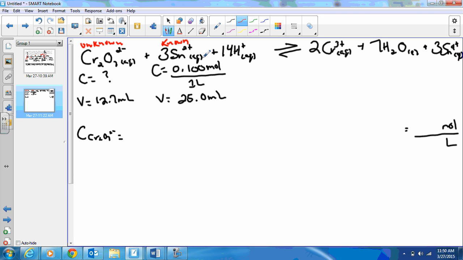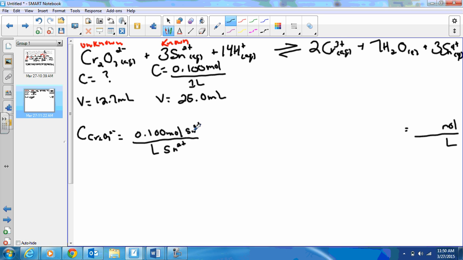So my first step is to take the substance that I have more information about and convert that into moles. So I know that the concentration is 0.100 moles of tin 2 plus per liter of tin 2 plus.